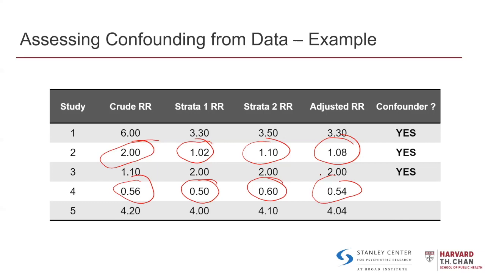On the basis of information provided here, we can say that this is probably not a confounder. Lastly, in the example that we have here, the crude estimate is 4.2 and the adjusted is 4.04, and the stratum specific are in between 4.0 and 4.1, and we can say that there's no confounder in this case.